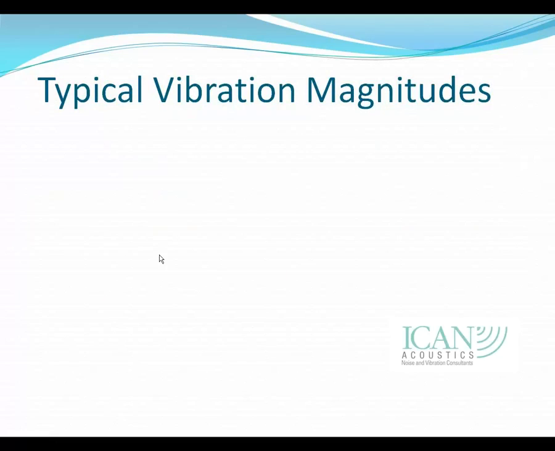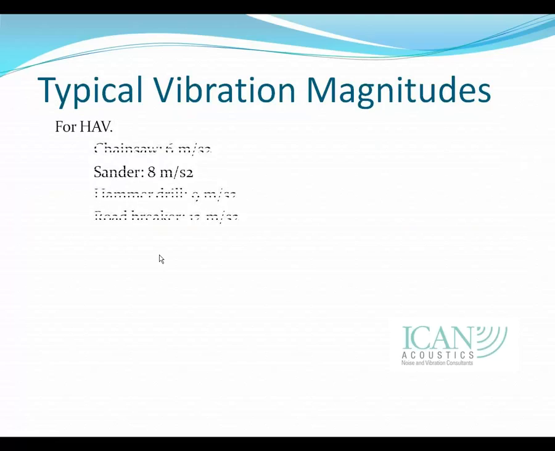Okay, so let's look at some typical vibration magnitudes. For hand-arm vibration, for example, a chainsaw typically generates 6 meters per second squared in terms of its acceleration. This is an example of a hand sander. It generates, again, a higher acceleration. Again, a hammer drill and so on, and a road breaker.